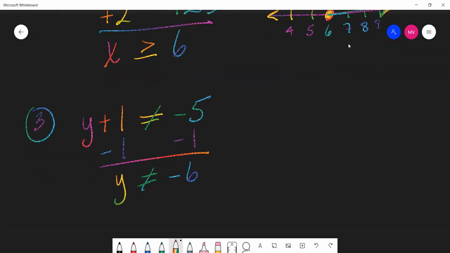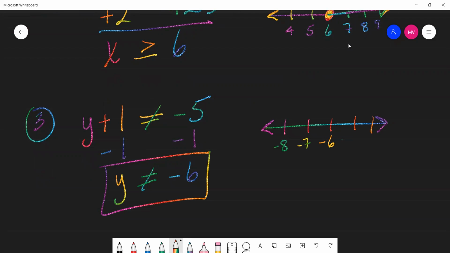I feel like you got this one yesterday too. This whole not equal to. So when we put that on a number line, what do we put in the middle? Negative 6. And then this becomes -7, -8, -5, -4.